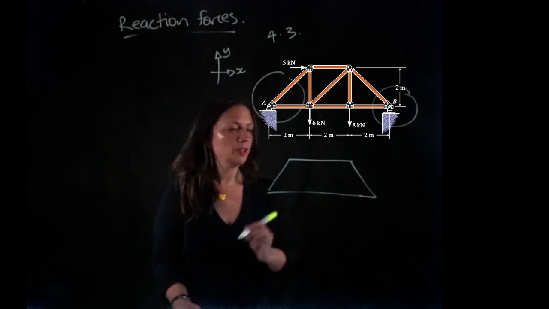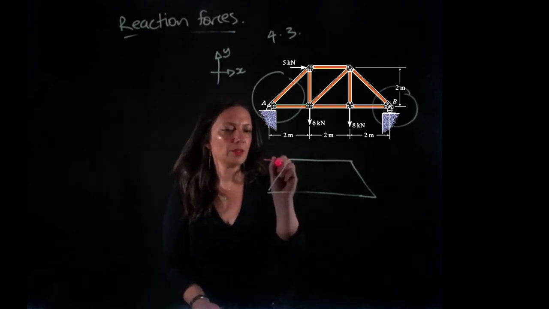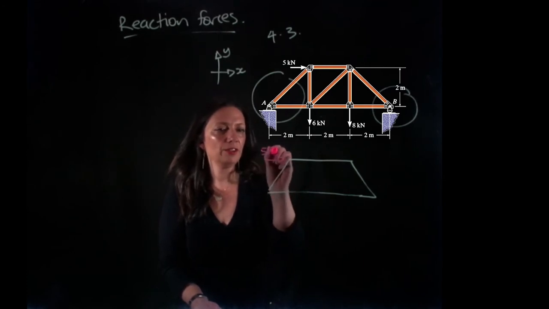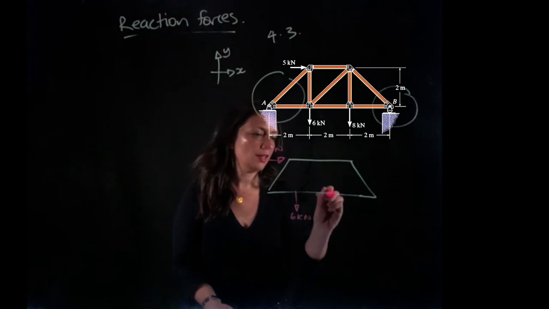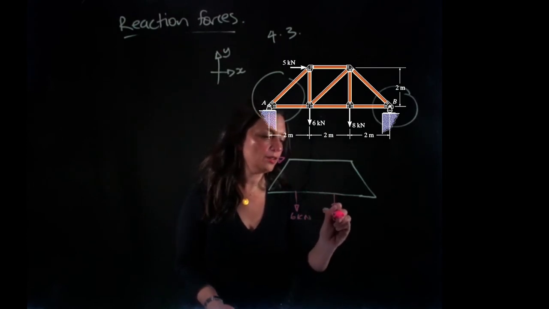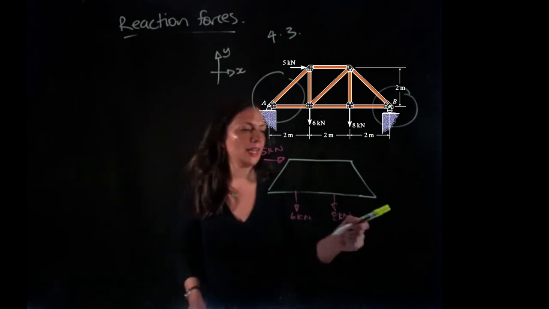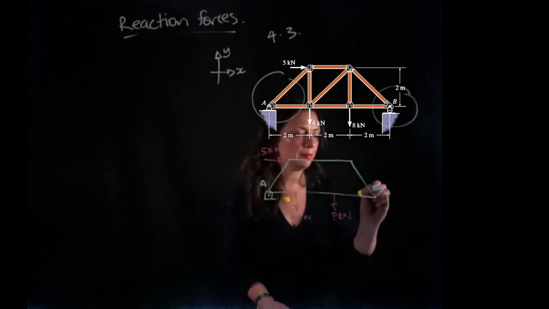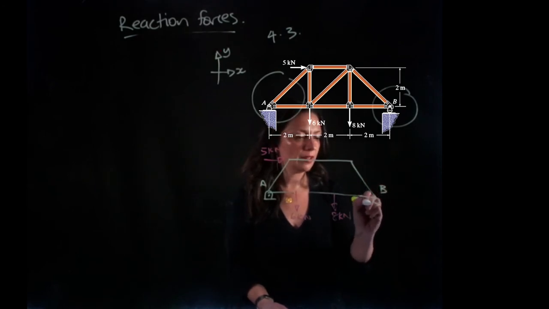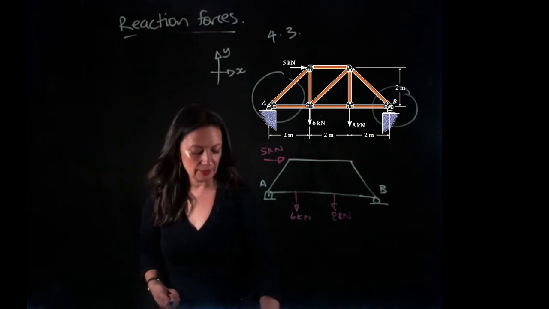Here we have some external forces, 5 kilonewtons, here we have 6 kilonewtons, here we have 8 kilonewtons, and then we have our reactions at A and B. So at A we have a pin joint, and at B we have a roller. So what are our forces there going to look like?